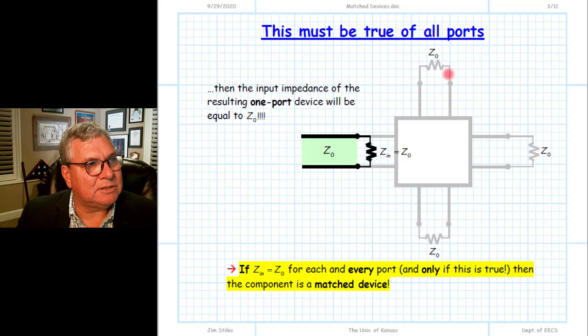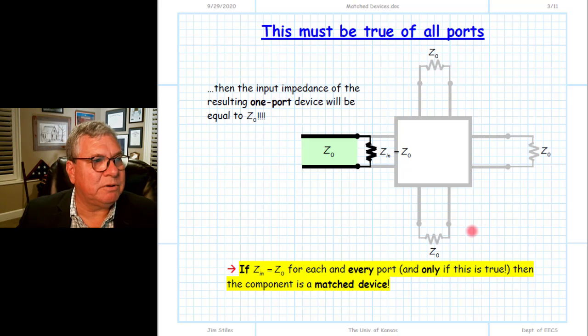A four-port device with three of the ports terminated in some load, in this case numerically equal to Z0, we have now a one-port network, and that one-port network has an input impedance that describes the entire circuit looking into that port. If that input impedance turns out to be Z0, when all other ports are terminated in loads numerically equal to Z0, then we say that is a matched device, if this is true for any and all of the ports.